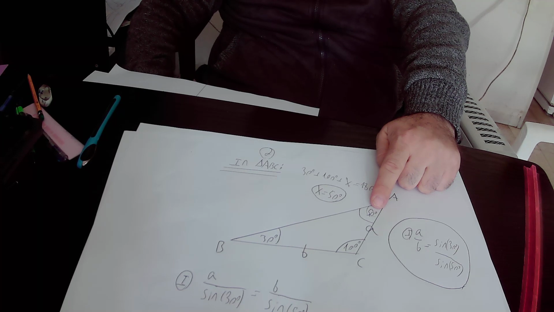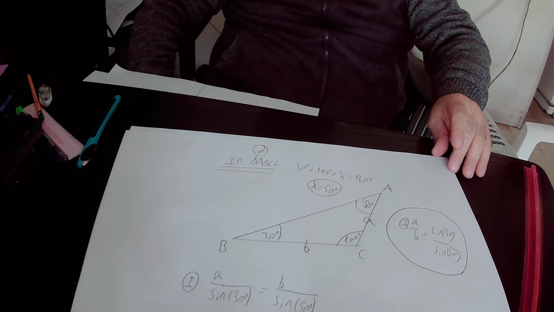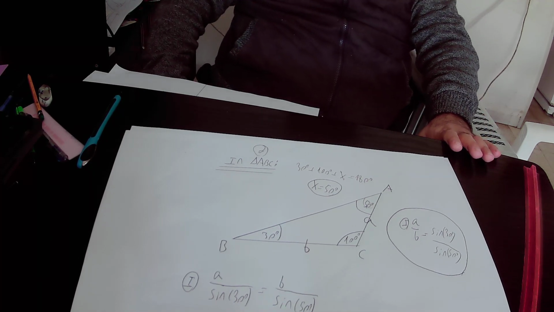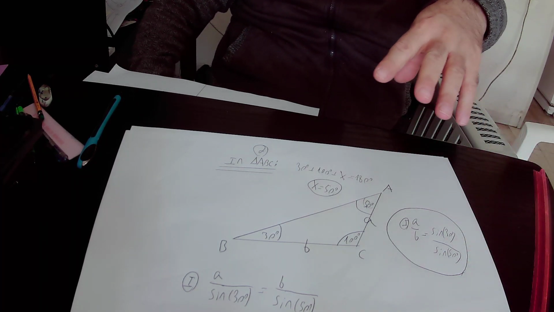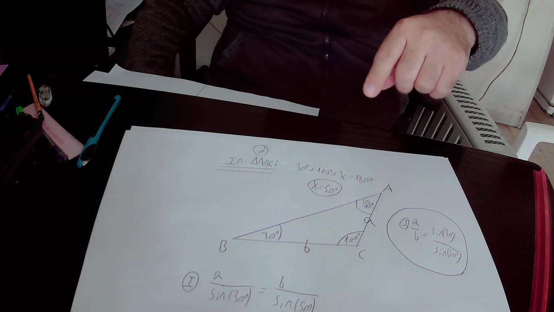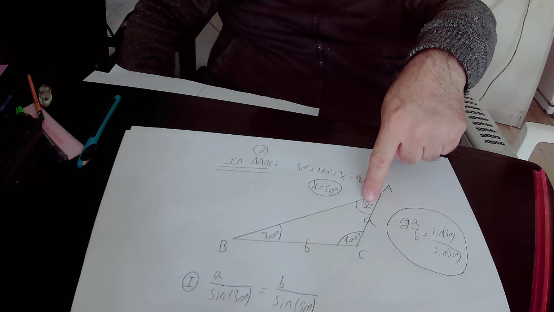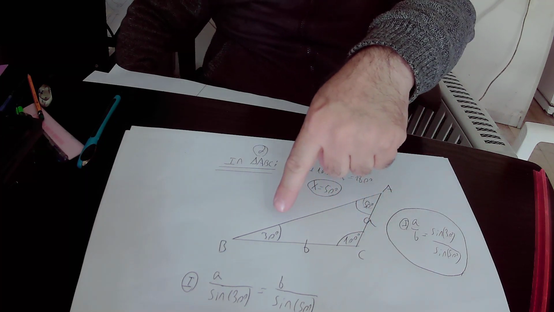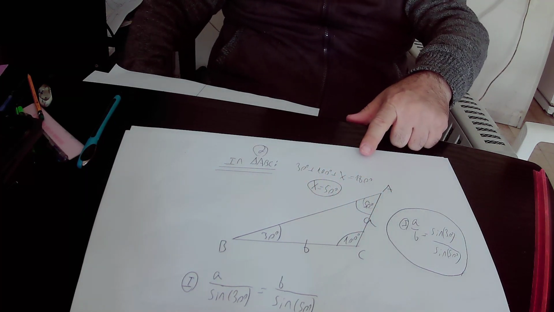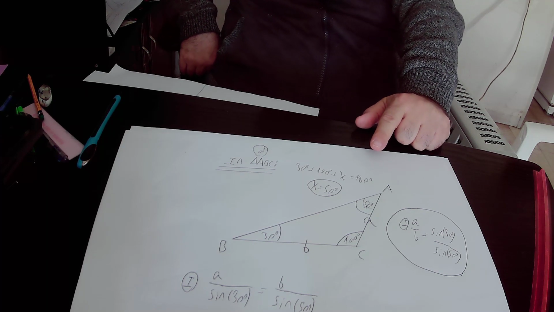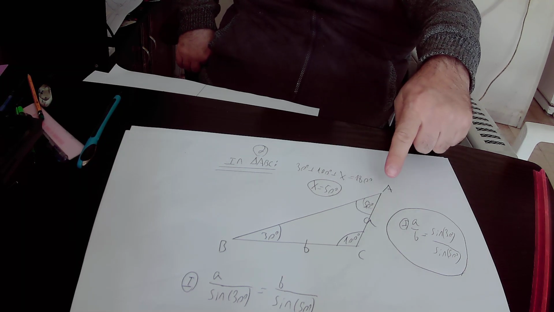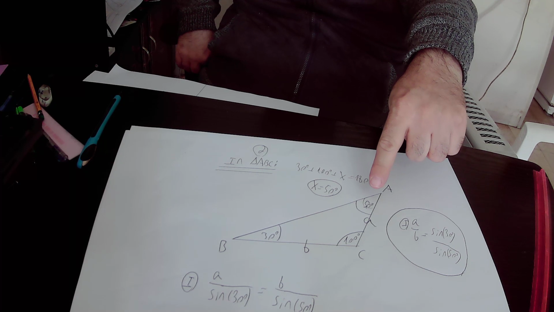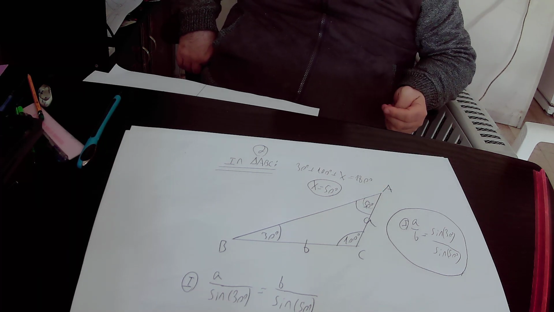We define this angle as angle X, and we know that the sum of the angles in any triangle is equal to 180 degrees. That is to say, angle X plus 100 degrees plus 30 degrees must be equal to 180 degrees. Here we subtracted 130 degrees from this equation, and we got that 180 degrees minus 130 degrees is 50 degrees. So we found out that this angle BAC equals 50 degrees.